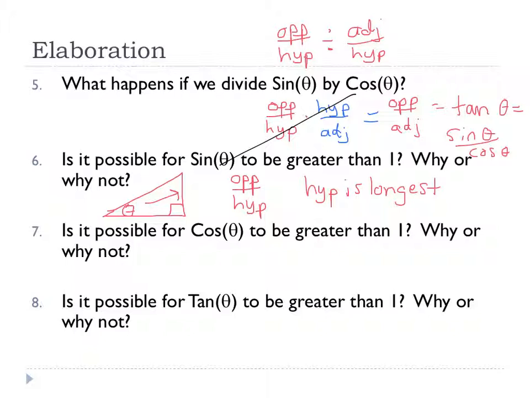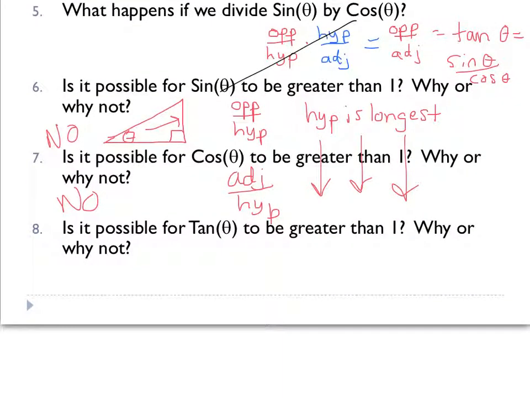Always the ratio of the opposite divided by the hypotenuse is going to be less than 1. And number 7, is it possible for cosine to be greater than 1? No, it's not. Neither of these are possible for the same reason. Cosine is adjacent divided by hypotenuse, but the hypotenuse is the longest side, so this ratio is also going to be less than 1.